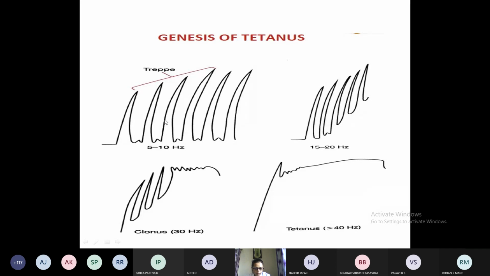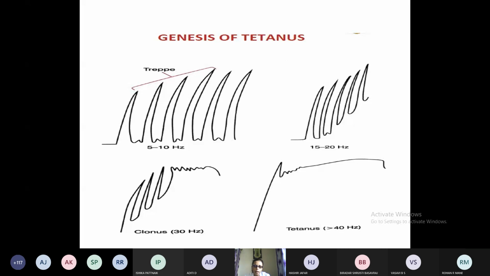And what about clonus and tetanus? I will read. Clonus: with repeated maximal stimulation, if the frequency is such that successive stimuli fall during the mid-relaxation phase of the previous stimulus, the muscle relaxes but not completely.